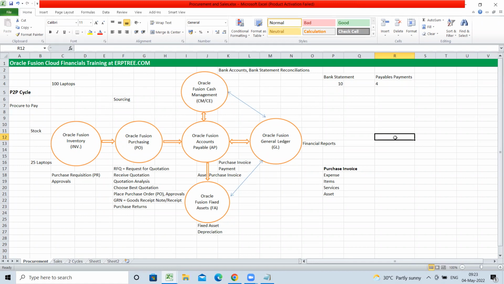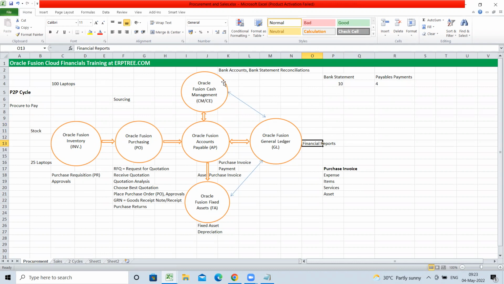Instead of moving all the applications to Fusion, they can go for only GL related for reporting purpose. To prepare the financial reports, they move to Fusion, which we call FH. We have the FH solution, or else just the FRS solution, where the client goes for the financial reporting solution for Fusion.